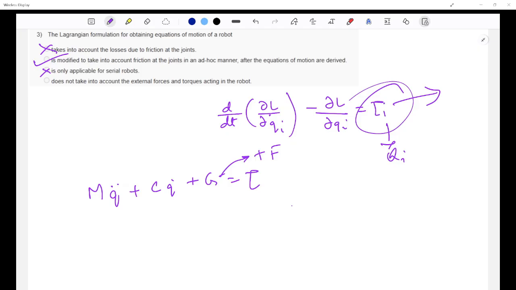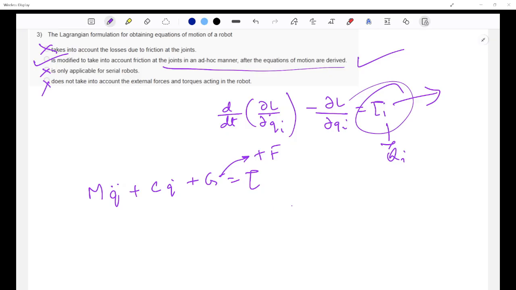So the correct option is it is modified to take into account friction at all the joints in an ad hoc manner. Any confusion here? I hope this should be clear. So Lagrangian naturally includes inertia, Coriolis forces, gravity, etc. But it does not include friction and damping. They must be added later. Okay.